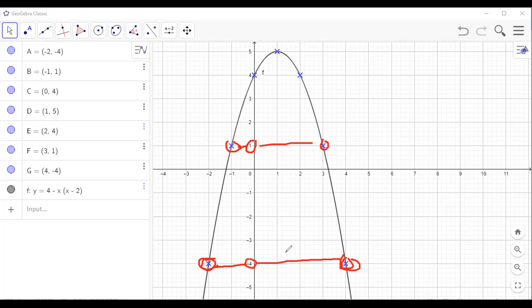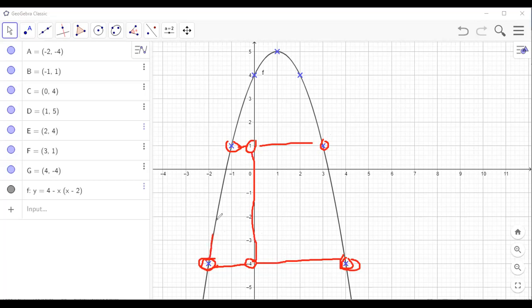Now they say y is decreasing, right? So the graph is decreasing. Now you can see when y moves from -4 to 1, right? Like this. What happened to the graph?